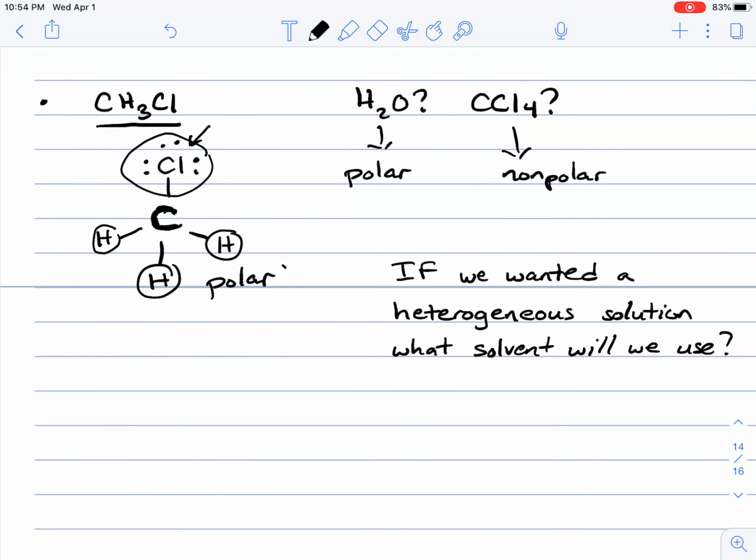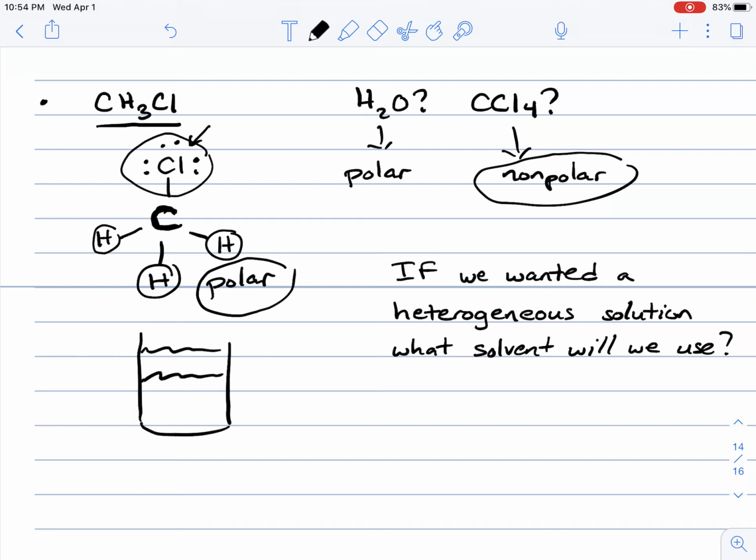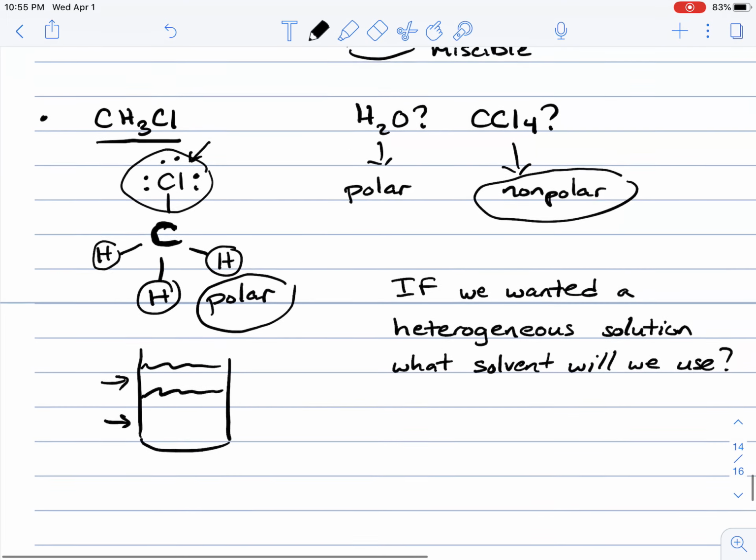And so since CH3Cl is polar, and since CCl4 is nonpolar, placing those 2 compounds in the same beaker will form a heterogeneous solution, so they are immiscible. They will not be able to dissolve with each other and therefore create two layers. One layer will represent CH3Cl and the other layer is going to represent CCl4. As to which compound goes to the top and which compound goes to the bottom, it depends on their density.